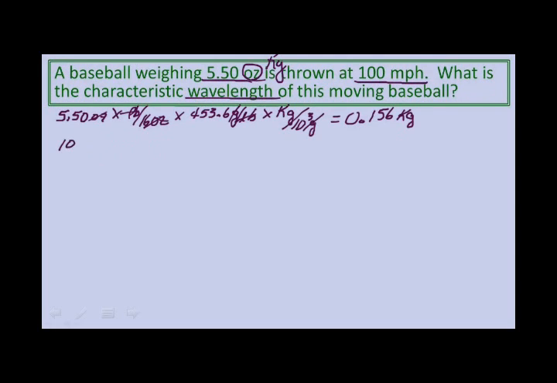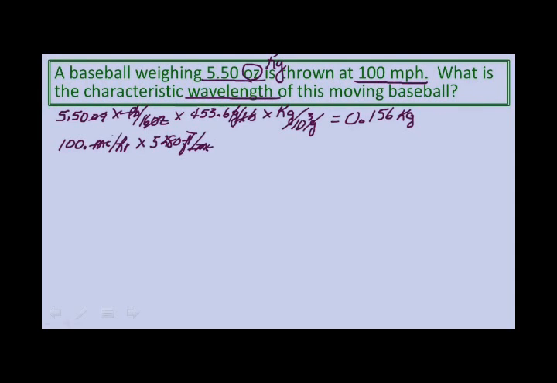100 miles per hour times, let's see, go to feet, 5,280 feet per mile. You know that, don't you? Yeah. You had to learn that in grammar school.